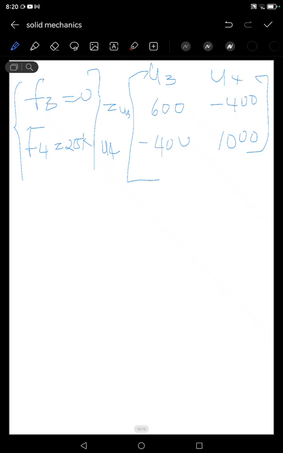From here we can determine the nodal displacement U3 and U4. So how are we going to determine that? We're going to write the equation. Remember F3 is equal to 0, so it's going to be 0 equals 600 multiplied by U3, so 600 U3, and then negative 400 times U4, minus 400 U4.